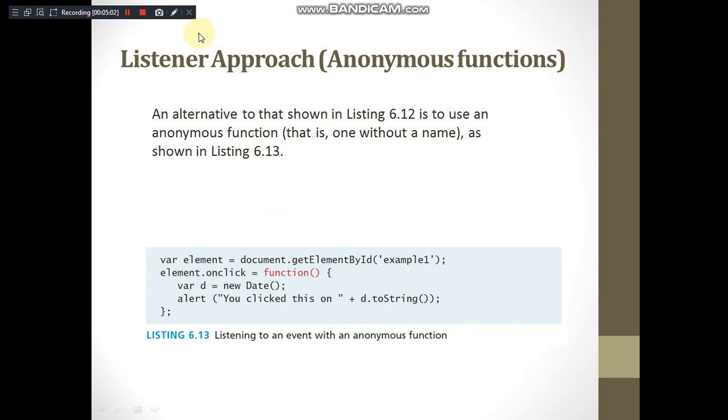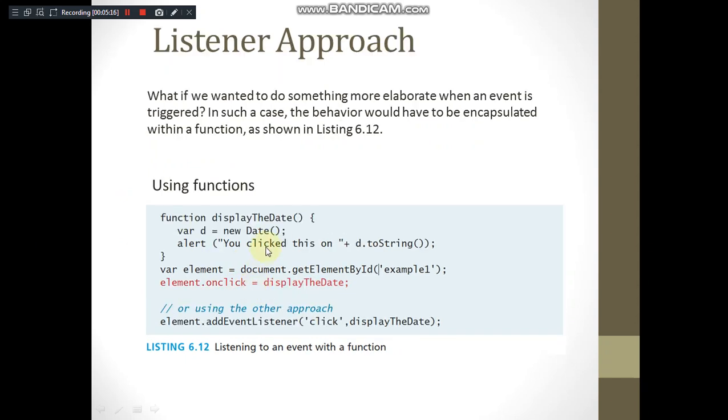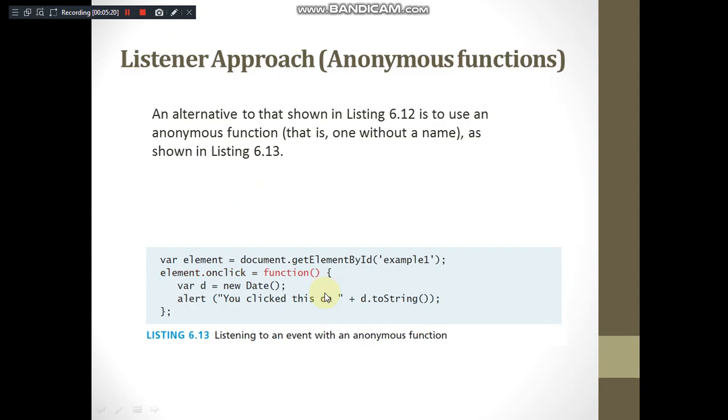The alternative way to that shown in the previous example is to use an anonymous function, that is one without a name. How to use it without a name, that we will see. We are just calling on click equal to; we had called here the name of the function. Here it is the anonymous way. You can just say function, some function has to be called. The remaining all remain same.